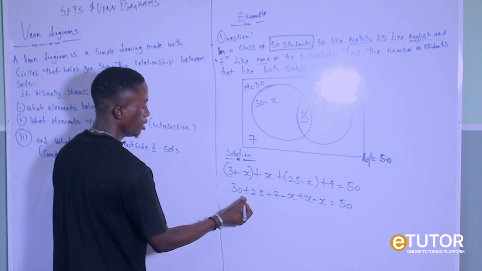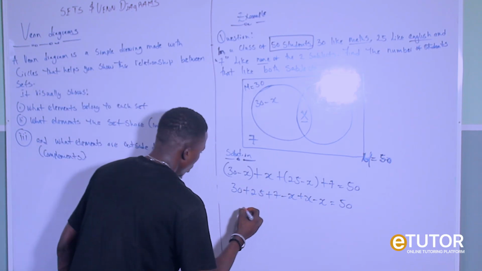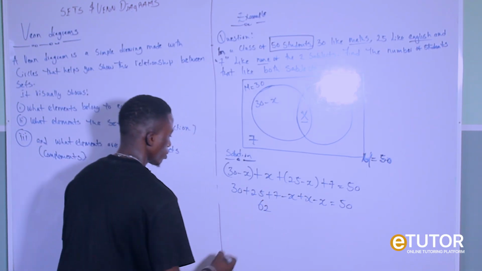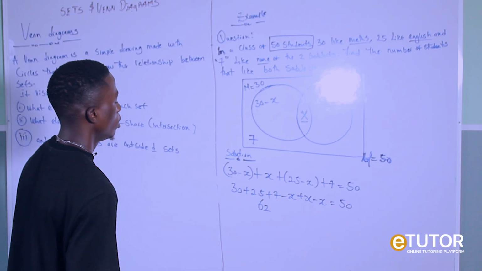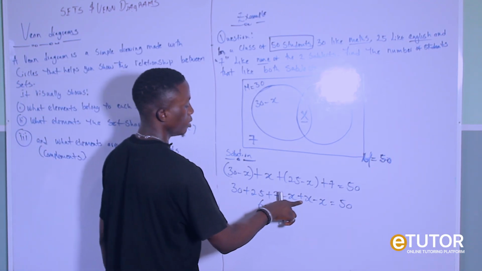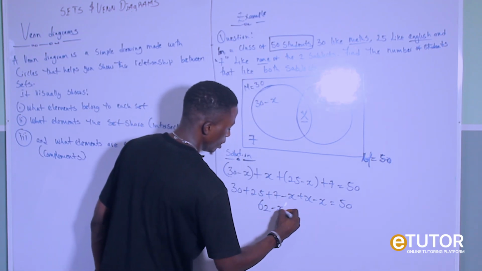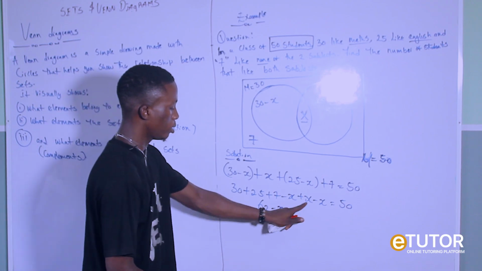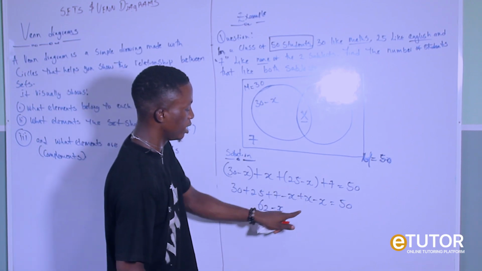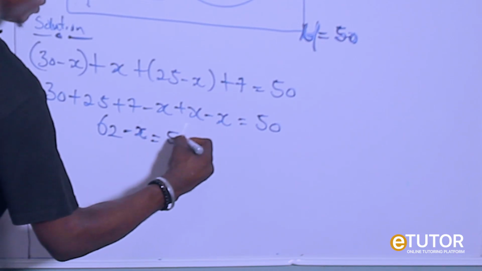Now 30 plus 25 gives 55, and 55 plus 7 gives 62. Negative X plus positive X gives 0, so 0 minus X gives negative X. So we have negative X plus 62 equals 50.